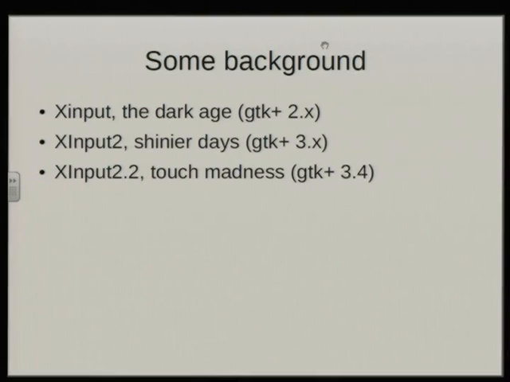After that, we got Xinput 2.2, an extension of the previous API, which added touch support and smooth scroll events, adopted by GTK 3.4 at the time. Since then, we had some sort of touch support and smooth scrolling.